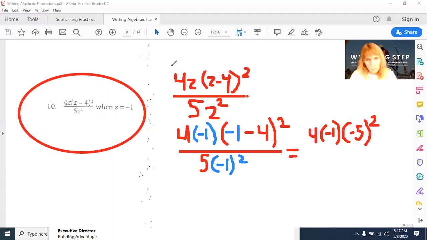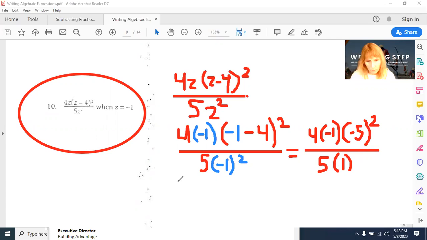And that's all over 5 times -1 squared. So we'll do the exponents first. 5 times, what's -1 times -1? +1. Okay, step by step. Next, we're going to do our exponent up here on the top.